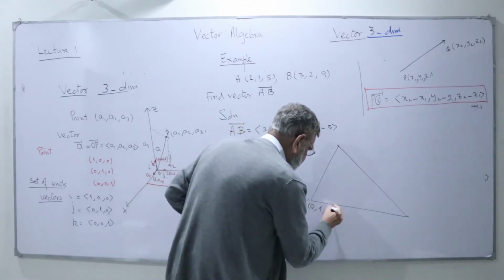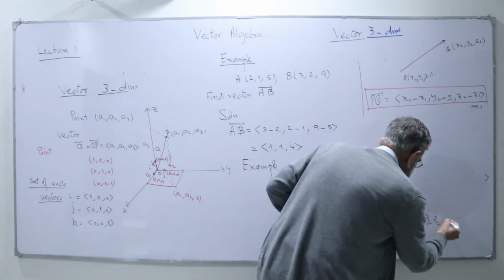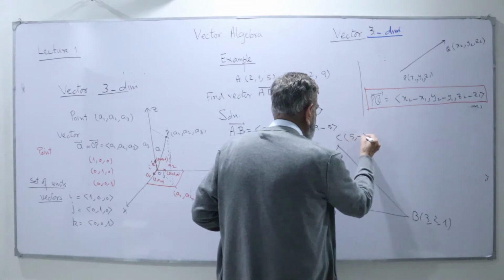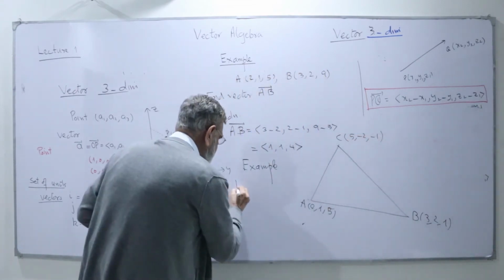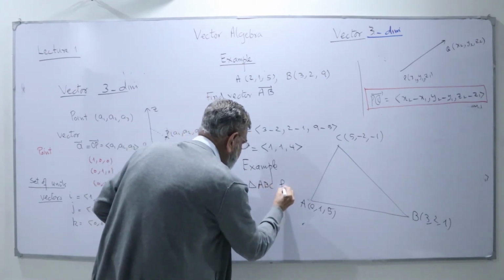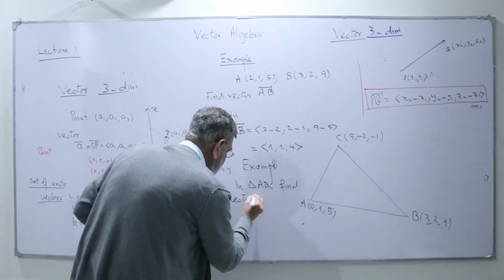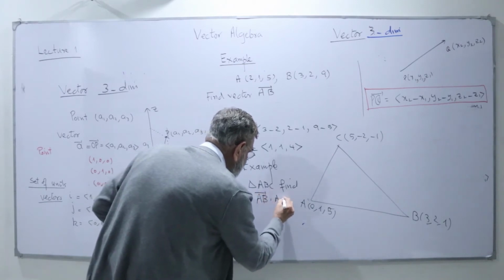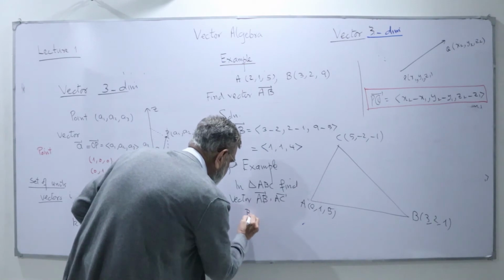This is my B, vector 3, 2, and 1. This is C, vector 5, minus 2, minus 1. Find in triangle ABC the vectors AB, AC, and BC.